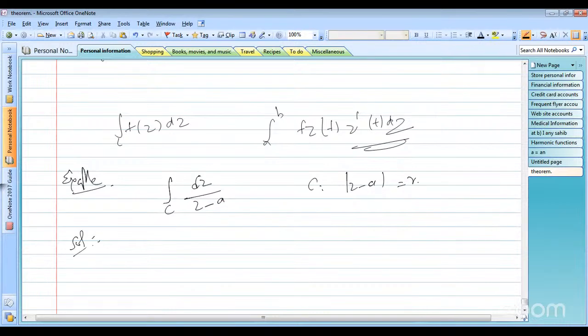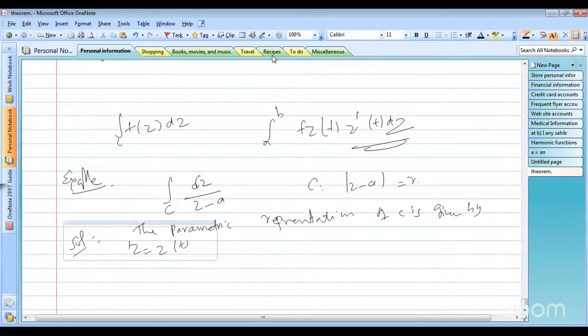Solution: the parametric representation of C is given by z = z(t), with 0 ≤ t ≤ 2π for the condition.